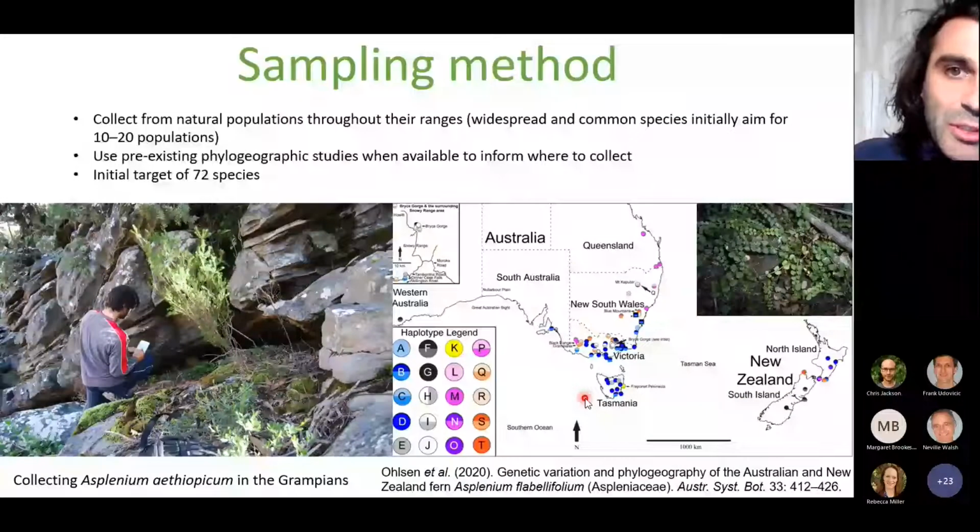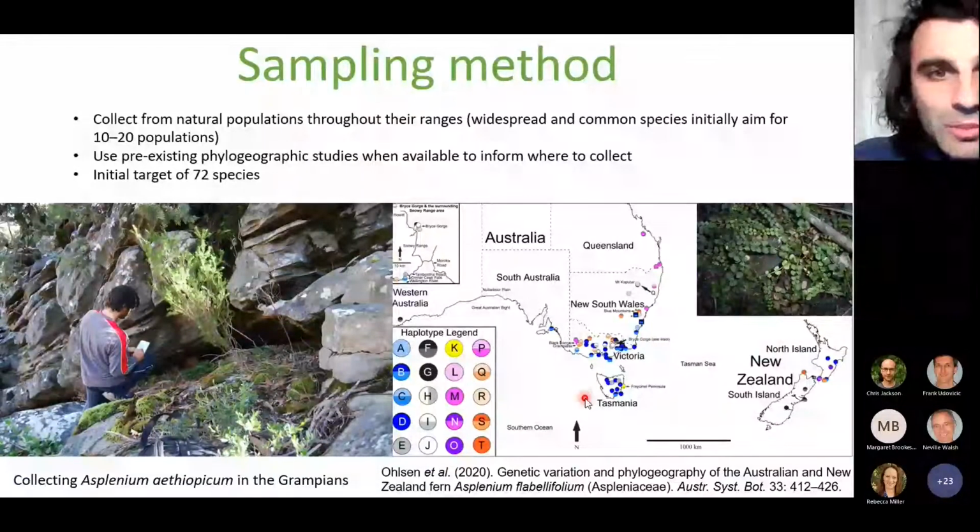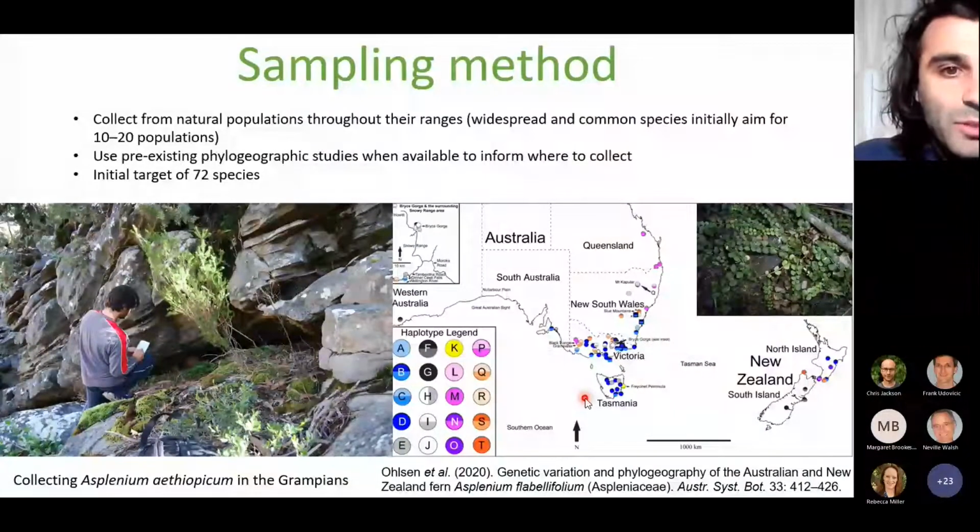So I'm aiming initially to collect maybe 10 to 20 populations across the range for some of the widespread and common species. But for the rarer species, we'll be focusing on trying to get most of those populations that are currently in existence collected and represented in the spore bank.